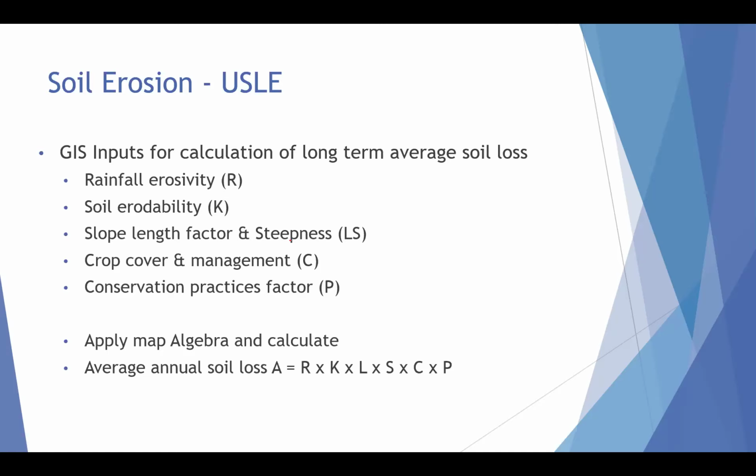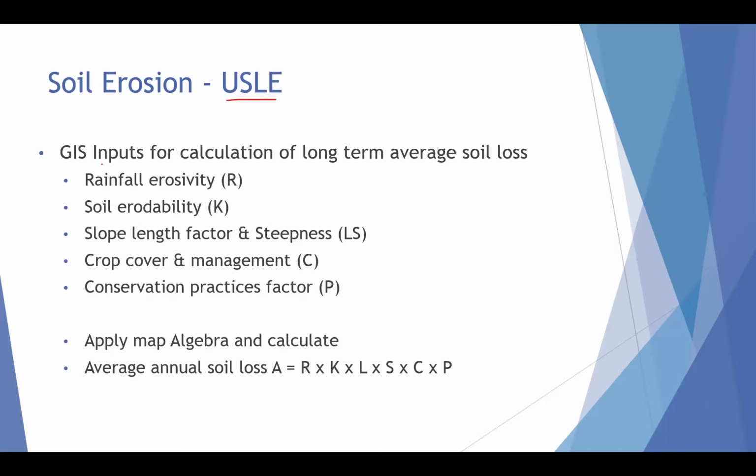Now, if you want to calculate on an annual basis how much soil is being lost in the watershed, then you may use a simple equation called the Universal Soil Loss Equation, and there are revised versions: revised USLE, modified USLE, depending on what you are actually using it for. That is fine tuning it.